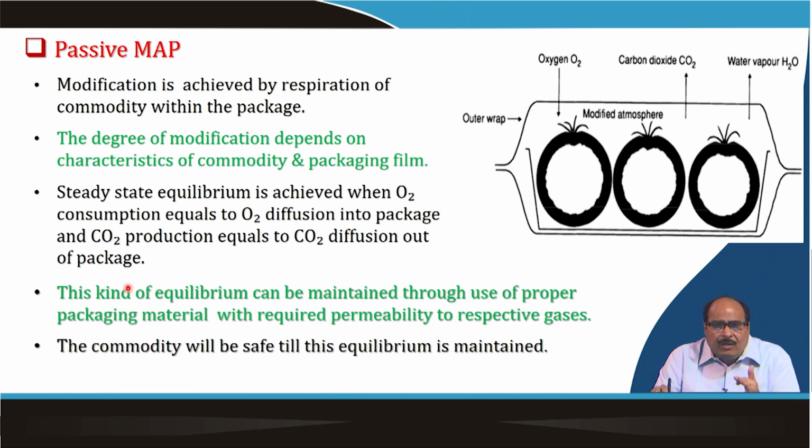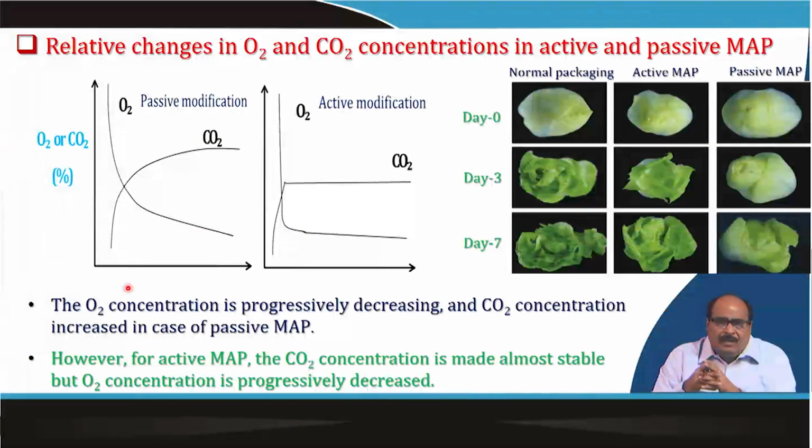This equilibrium can be maintained through proper packaging material with the required permeability to respective gases, and the commodity will be safe till this equilibrium is maintained. Generally, passive modified atmosphere takes some time to reach the desired O2, CO2 or nitrogen level inside the package.